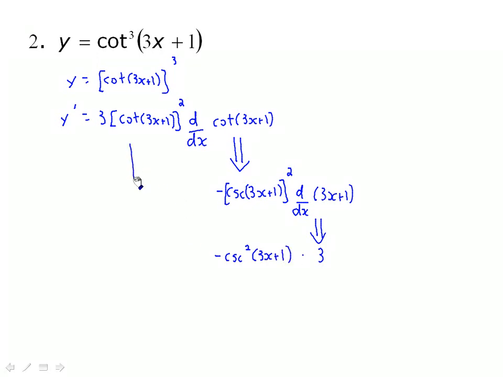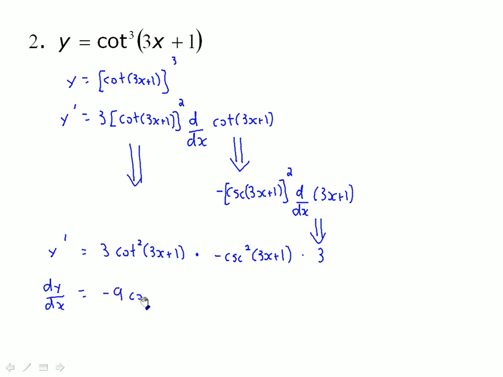And then this comes down, the original first stage of the differentiation is 3 multiplied by cotangent squared 3x plus 1, and then that's times this. Now obviously we can do a little bit of simplification of this, dy/dx. We have a 3 times a 3, and actually a negative, so that's negative 9.